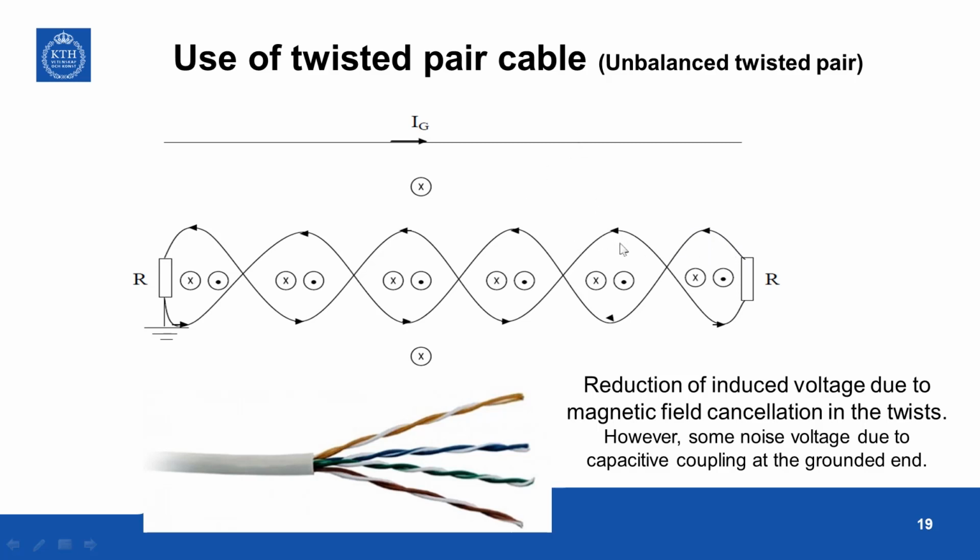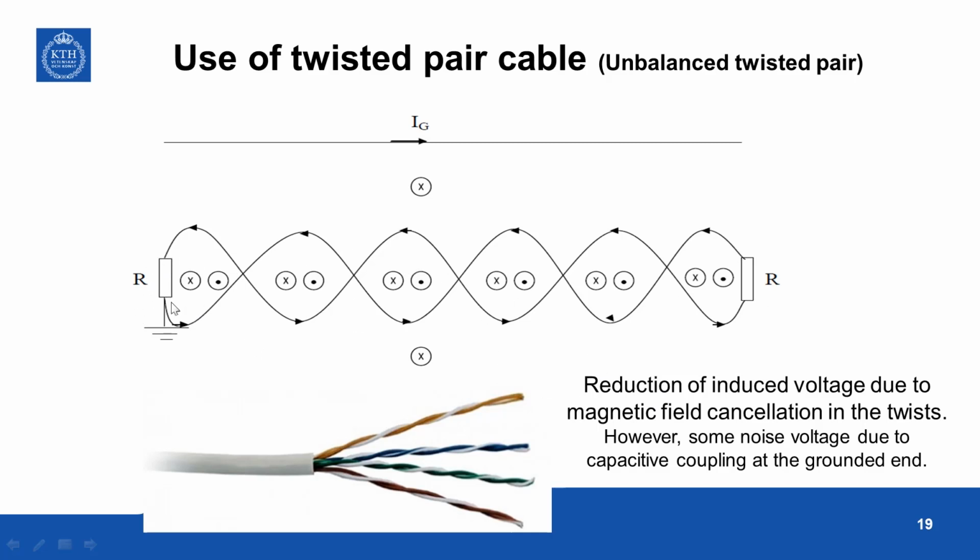Now in the other conductor it is from the bottom, so they cancel out each other over here. But on this side they will not, because one is connected to the ground. So you will have a net current flow, and that will appear as a noise voltage due to capacitive coupling. So even then, magnetic coupling is almost completely eliminated.